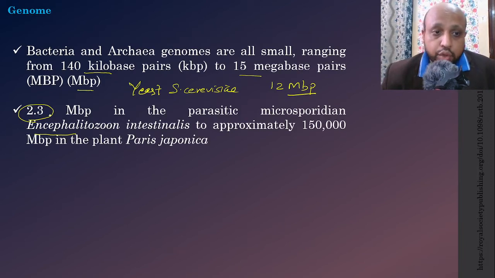That is comparatively small. And if you look into a plant system like Paris japonica, it has 150 billion bases. That's a huge size, and that probably explains the complexity of the organism.